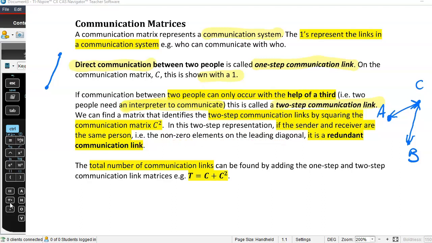We'll see some examples of this and it will make a bit more sense. The total number of communication links can be found by adding the one-step and two-step communication link matrices. That's a good way to make sure that's your total number of communication links.